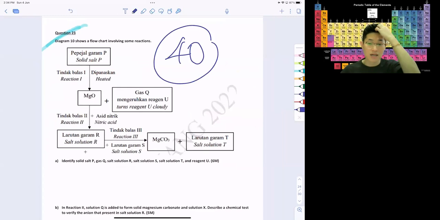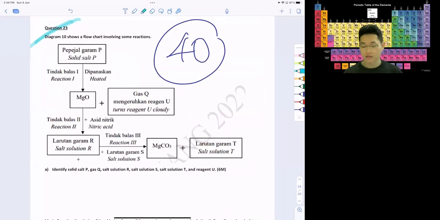I got this from the trial paper last year. So please find me P, Q, U.